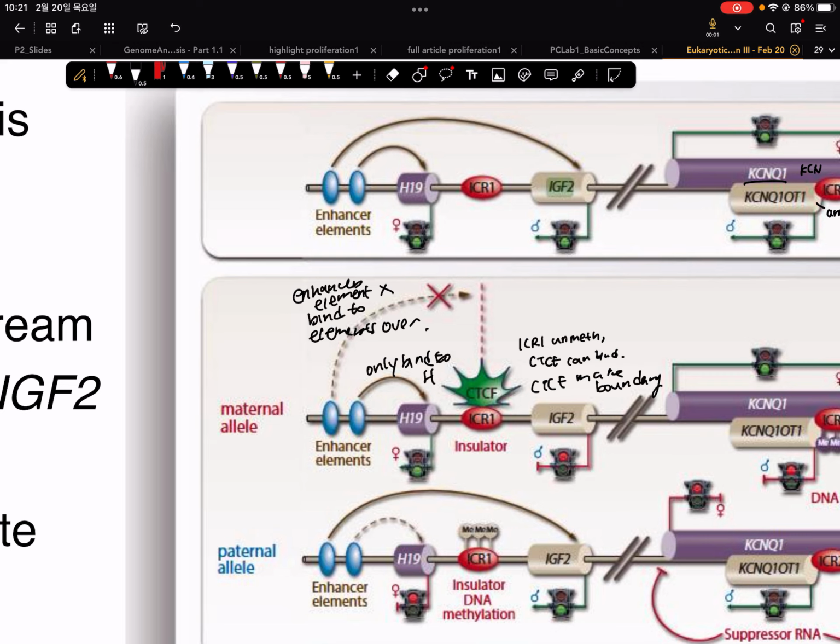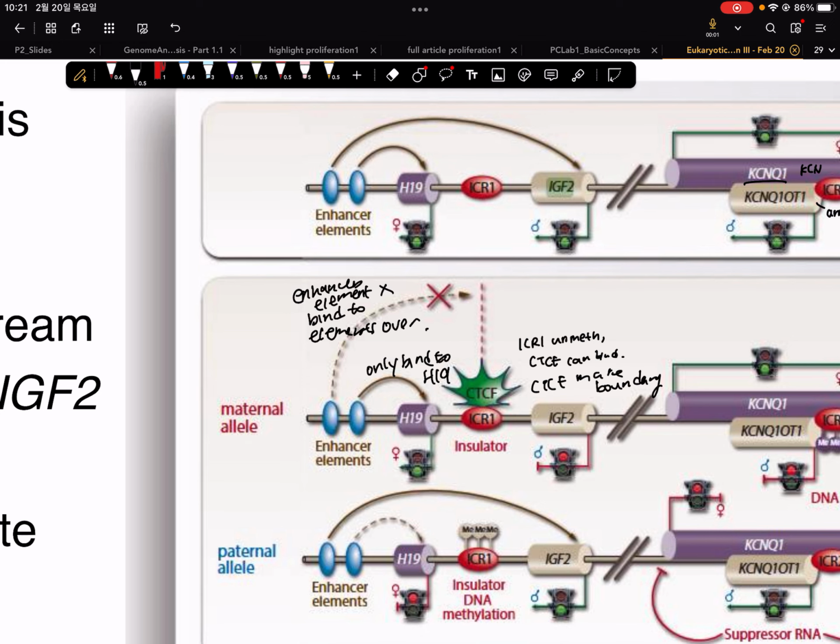But IGF2 is inactive. Then a little bit further here, you have KCNQ1 and OT1. Here, this one is active, and that one is inactive. It has nothing to do with this ICR region here. This ICR region only has an influence up to there.